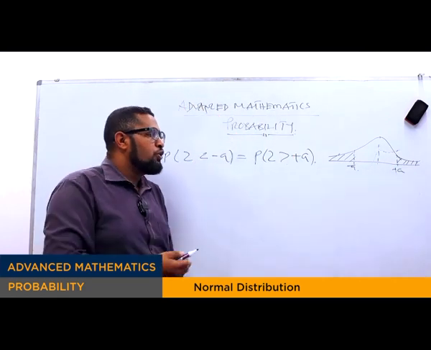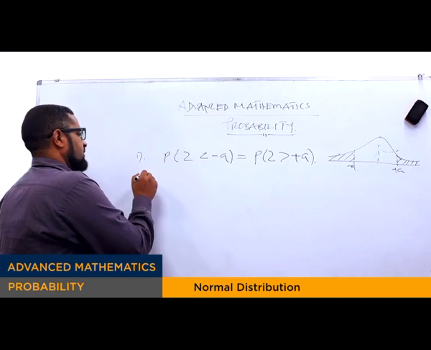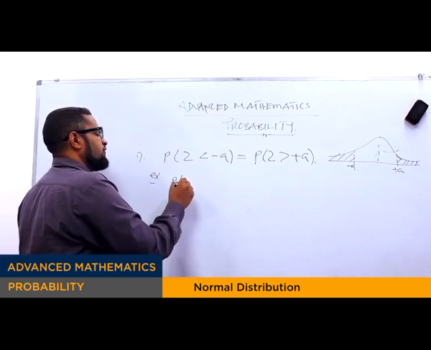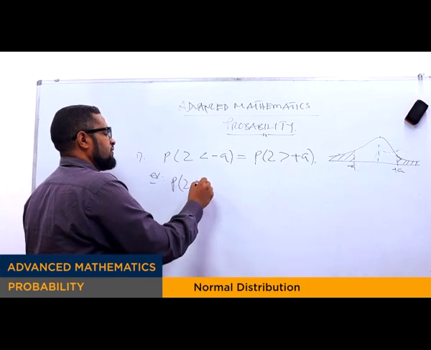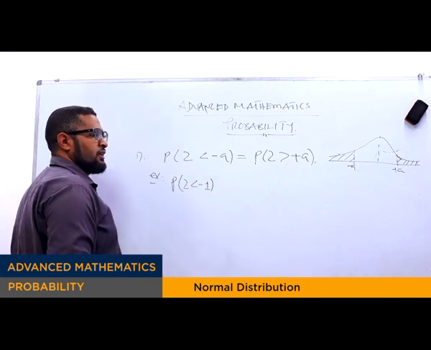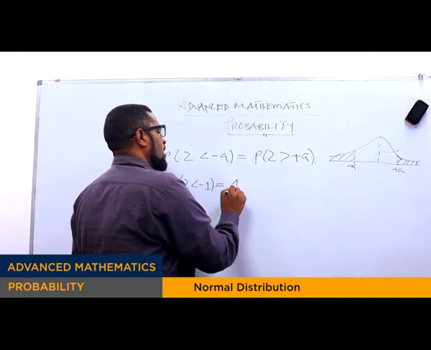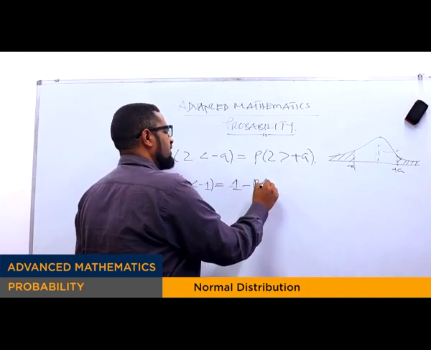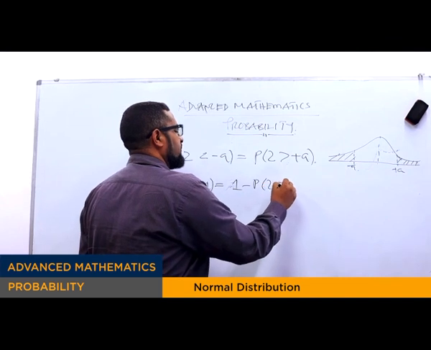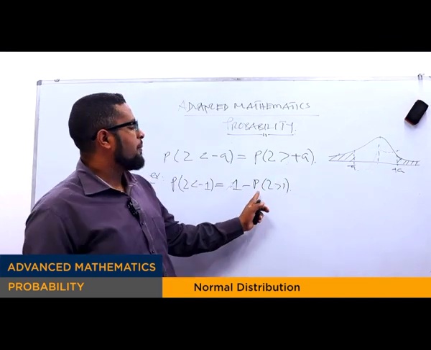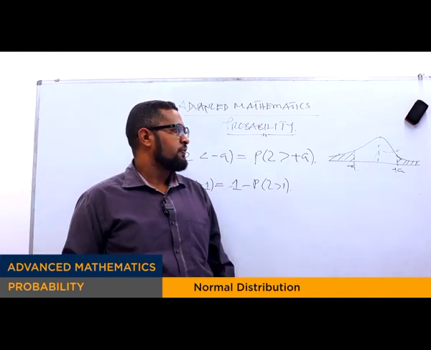But how do you find it? Taking an example, if you are given the probability of Z less than negative 1, it is the same as taking 1 minus the probability of Z greater than 1. Why is it 1 minus the probability of Z greater than 1?